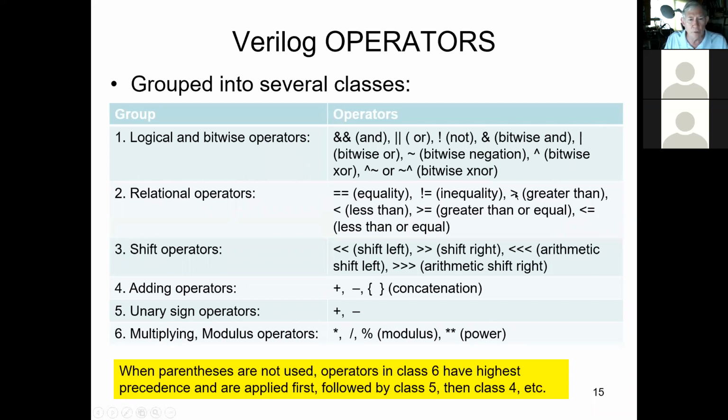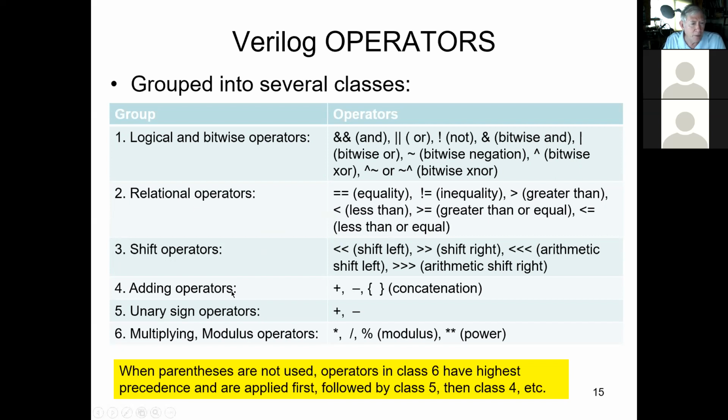So equal, not equal, greater than, less than, greater than or equal, less than or equal. You have to be really careful in Verilog. You have to make sure that the number of bits is the same and all sorts of things, and it's easy to get this screwed up.